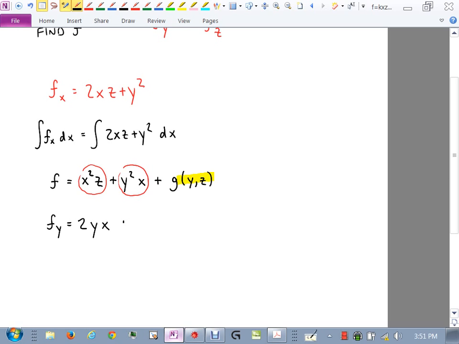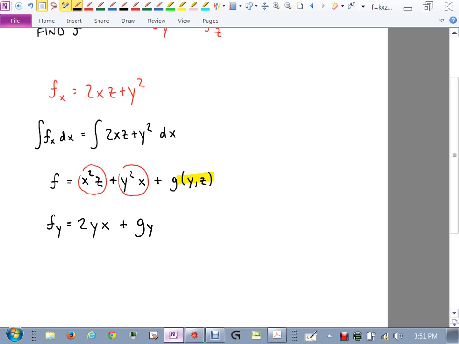And then what about this one? What's the derivative of g of yz with respect to y? It's a derivative of g with respect to y, isn't it? So I'm going to write derivative of g with respect to y. You see why I'm not going to write g prime of y or something like that? Because I have z in here also.